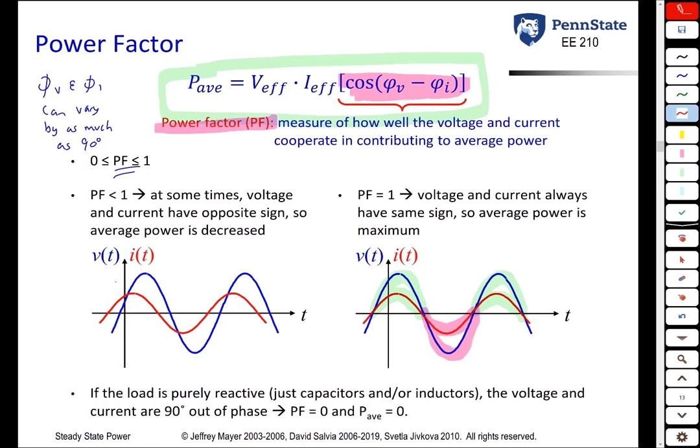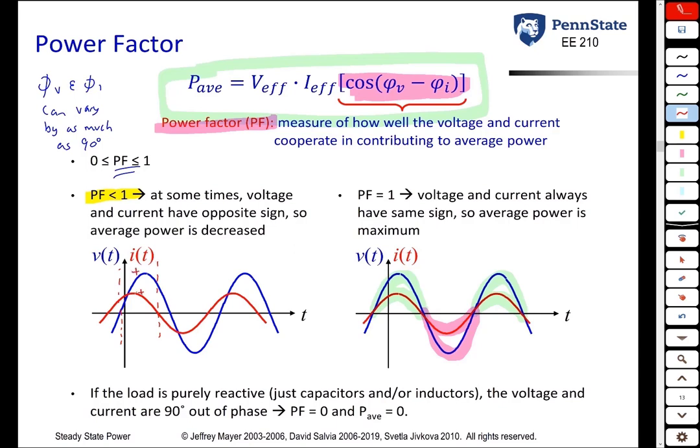But what happens when the power factor is less than 1? In this situation, the voltage and current are not going to be in phase, so there are going to be some periods of time where the voltage and current are both positive. For example, between this point here and this point here, they're both positive.